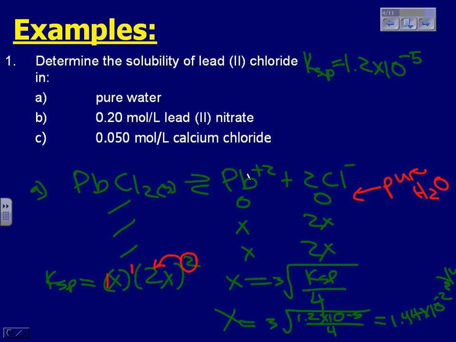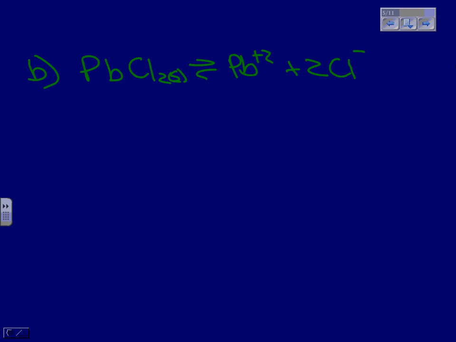So my ice table is the same. I'm worried about lead chloride. The only difference is my initial concentration of lead. And that initial concentration of lead is going to come from the presence of the other stuff, the common ion. So even though it says we're dissolving it in lead nitrate, my question is still about lead chloride. And what I've got to do now with my ice table, I don't care about the solids, that's still 0.